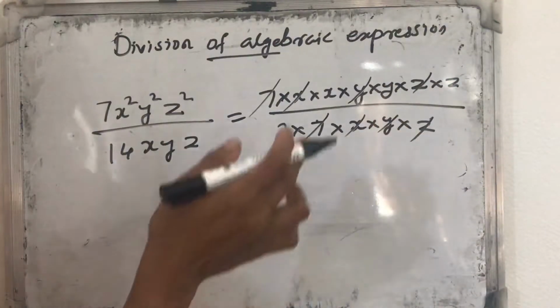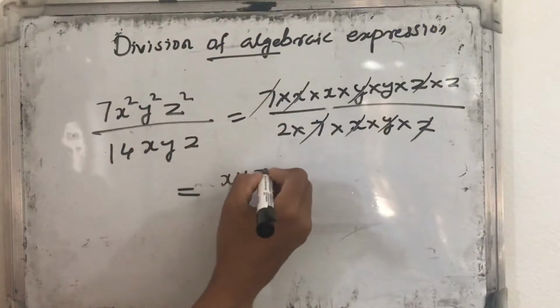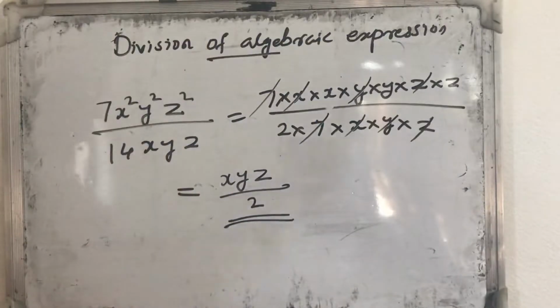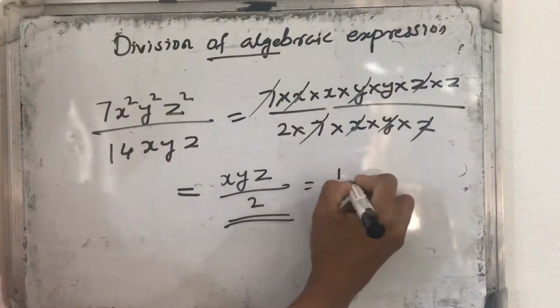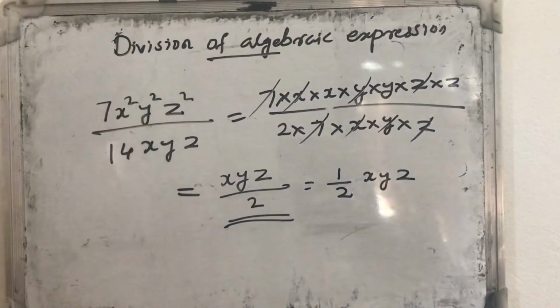What is remaining on the numerator? x into y into z divided by 2, or in standard form, 1 by 2 xyz. This is the division of one monomial by another monomial.